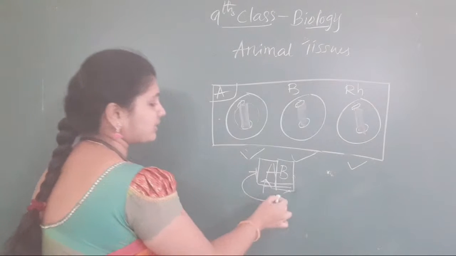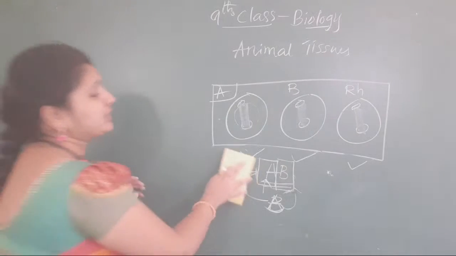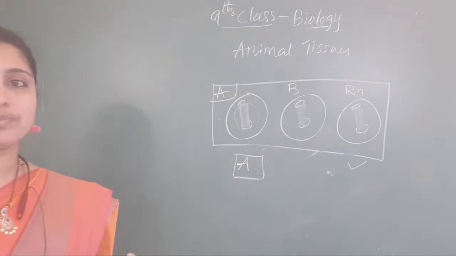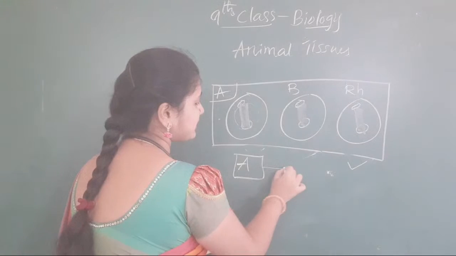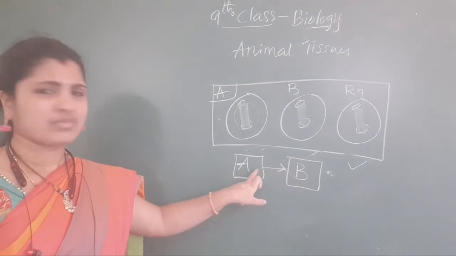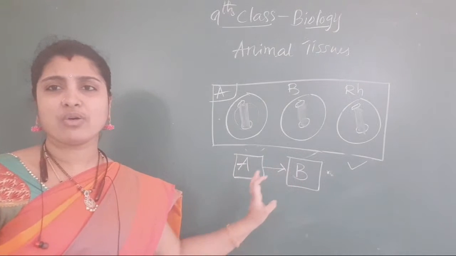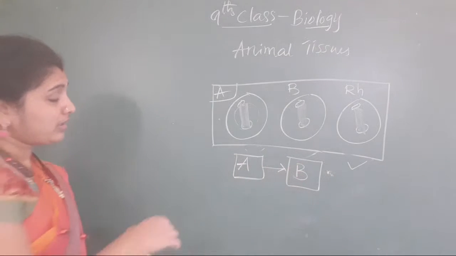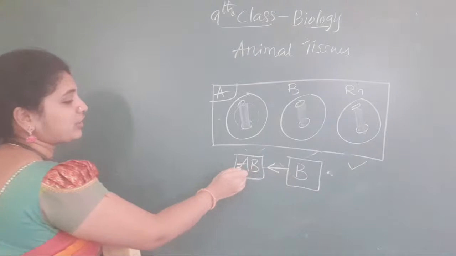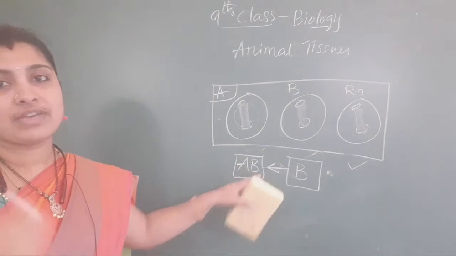If B is also present, this B also mixes with B. But just think, if a patient is A blood group and you give B blood group, A is totally different from B. So how can it accept? Now if AB is there and B blood group is injected into AB, what happens? This B is present, so it will always mix.